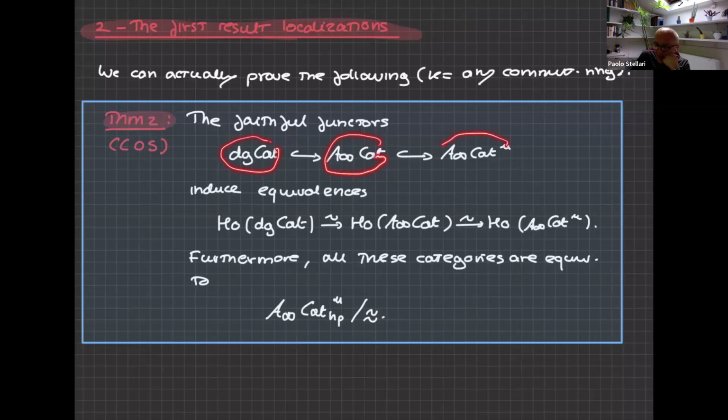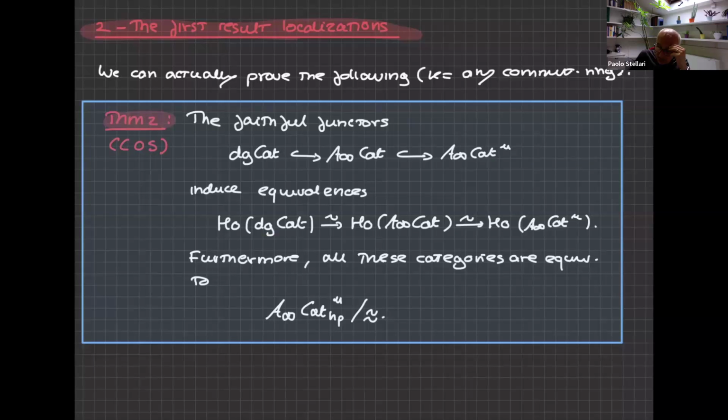Okay, and the same is true when we compare these two. Between two strictly unital infinity categories, we can have functors which are unital but not strictly unital. So these are only faithful functors. But the key point is that when we look at the localizations, these inclusions induce equivalences between the three categories mentioned over here.